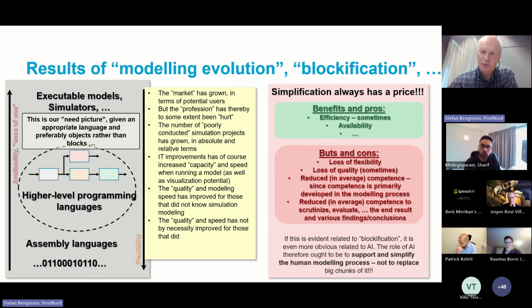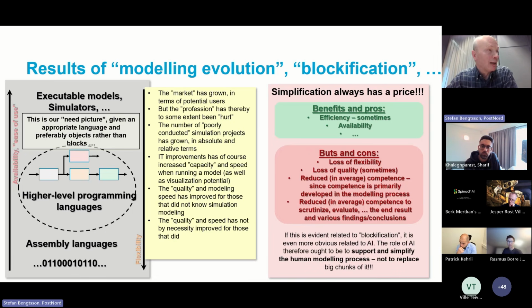And here I come to a parallel, of course, to AI. And this is pretty, I think, in line with what Benjamin is saying. If this is evident for blockification, and I would say it is evident for blockification, it is even more evident related to something like AI.